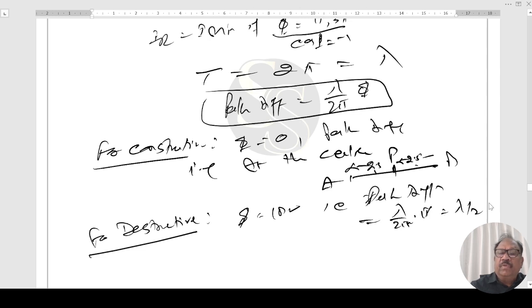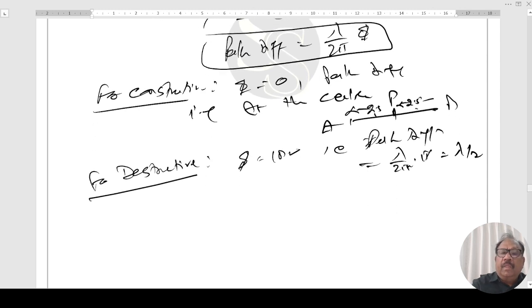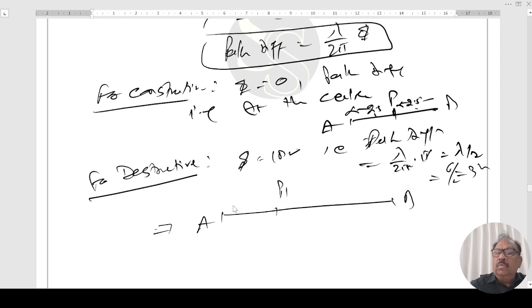That is lambda by 2, and multiples of lambda by 2 will keep coming. That comes out to be 6 divided by 2, 3 meter. This is A, this is B, P1. So the total distance is 5 meter.